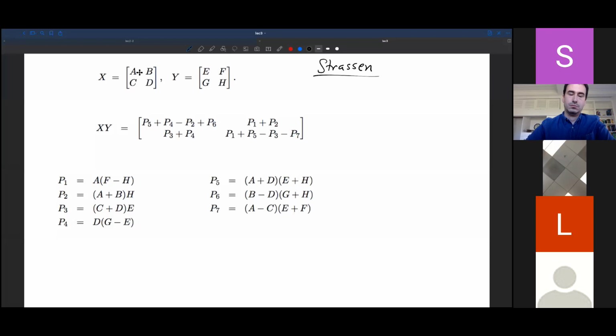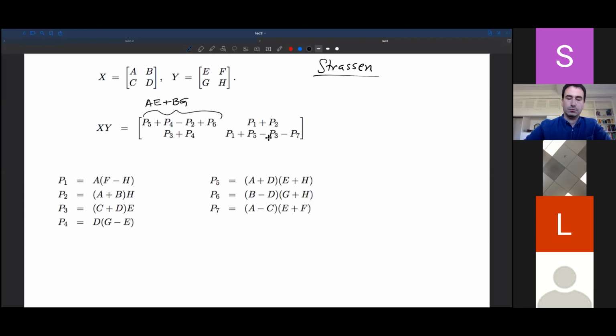We had these 8 multiplications, A times E and so on. We wanted the first entry to be A times E plus B times G, etc. Just as in Karatsuba's algorithm, what Strassen figured out is that if you do 7 matrix multiplications and then the appropriate additions and subtractions, you get all 4 entries that you want.